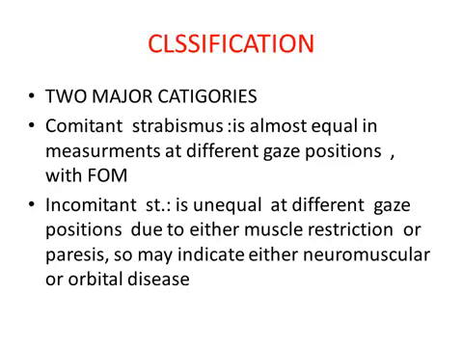How do we classify squint? We have two major categories, comitant strabismus and incomitant strabismus. Comitant strabismus is almost equal in measurement at different gaze positions, with full ocular motility. So the differentiating feature between comitant and incomitant is testing ocular motility.